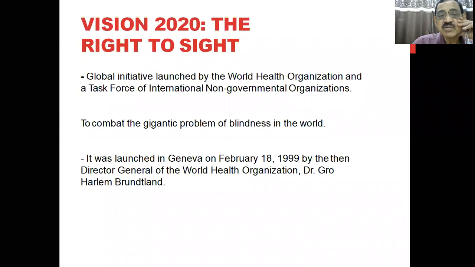So next we have Vision 2020, the Right to Sight. It is again a global initiative launched by the World Health Organization and a task force of international non-governmental organizations. The idea is to combat the gigantic problem of blindness in the world. It was launched in Geneva on February 18th, 1999 by the then Director General of the World Health Organization, Dr. Gro Harlem Brundtland.